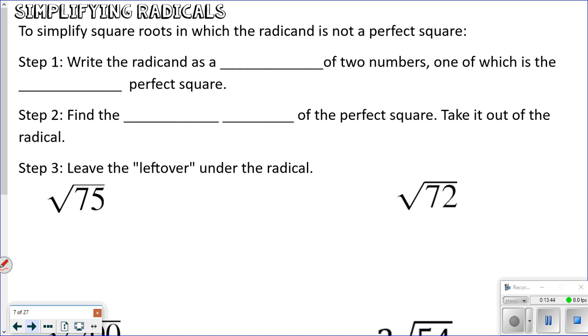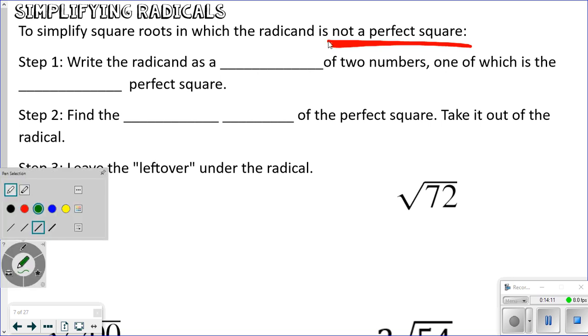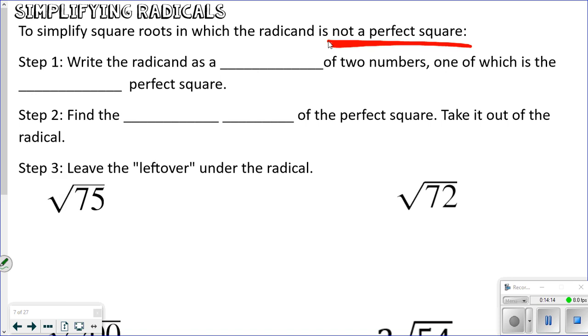What happens if we don't have a perfect square? We need to simplify those radicals using these 3 steps. If they're not a perfect square, that's important. So, step 1, we are going to write the radicand, and remember, the radicand is the number underneath the radical sign. So for example, right here, 75 is my radicand.